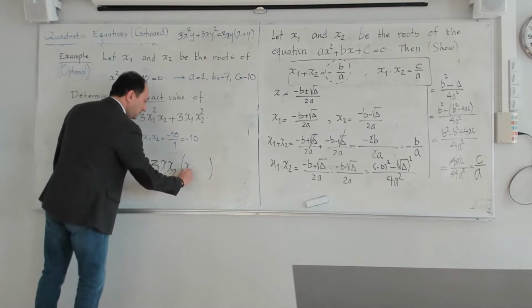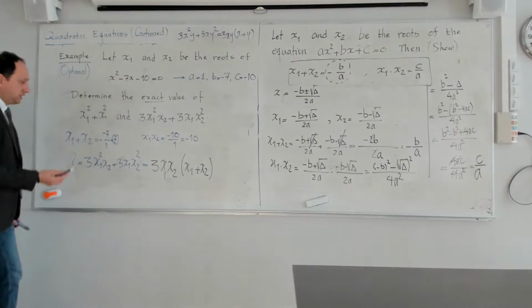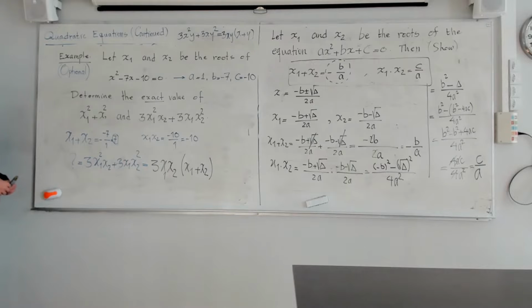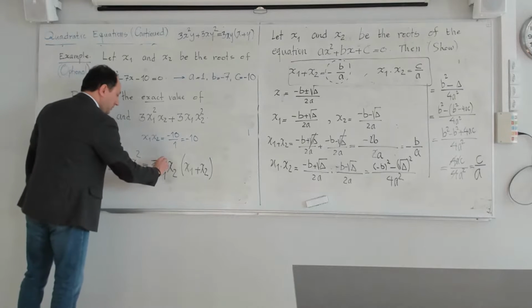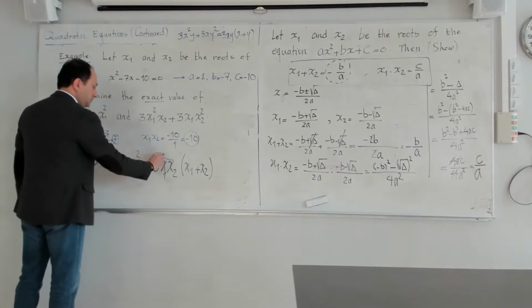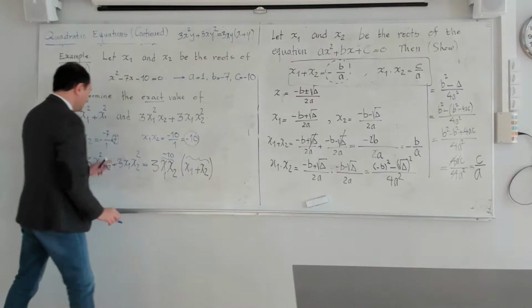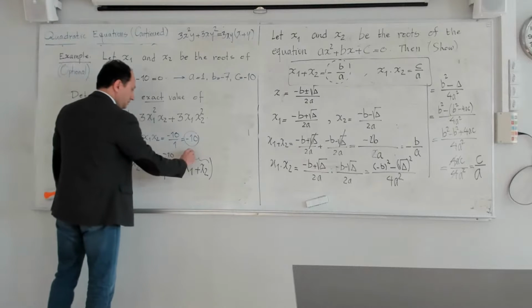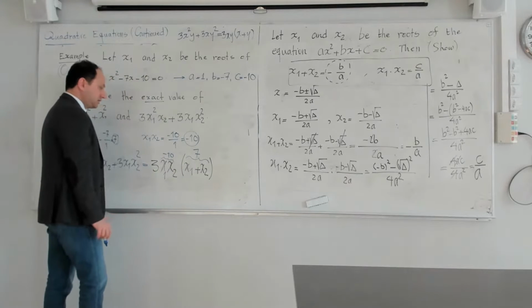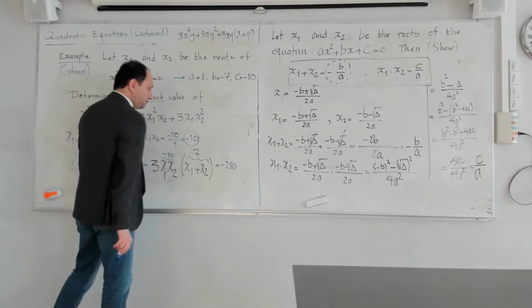It's x1 plus x2. Exactly. But the problem is solved, don't you think so? Because what is this part? It's minus 10. What is this part? It's 7. Yes? So this becomes simply minus 210.